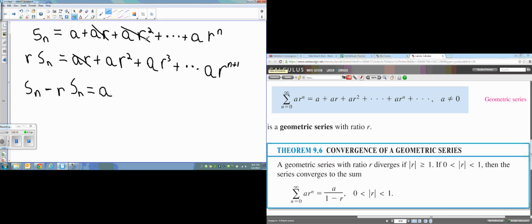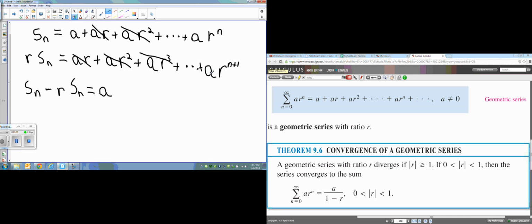These terms are going to cancel also, because this is going to be positive ar squared, and I'm going to subtract this one because I'm subtracting this equation. This will be negative ar squared. They cancel out. The next term would cancel this term, and I'd go all the way, and I'd have a term to cancel this one too. The term that comes right before this term is this exact same term here.